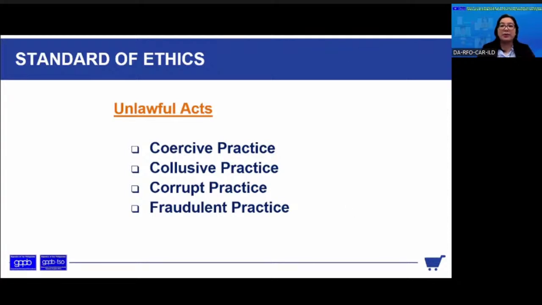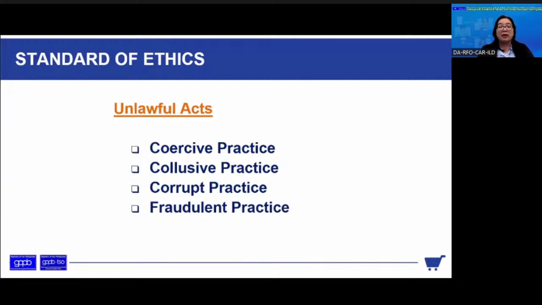There is a misrepresentation of fact in order to influence the bidding process or the selection process or even the execution of the contract to the detriment of the procuring entity. So kumbaga, one example might be sinabi niya na they have experience for this type of project, but the truth is that wala naman pala siyang experience.